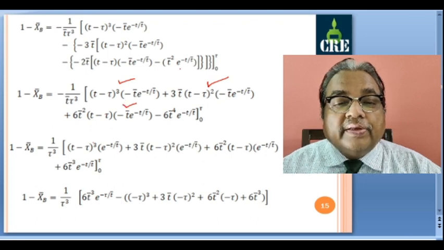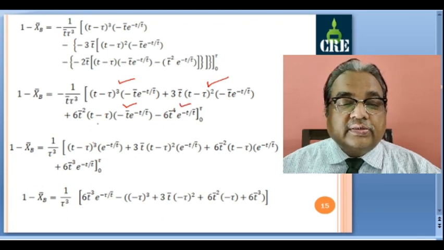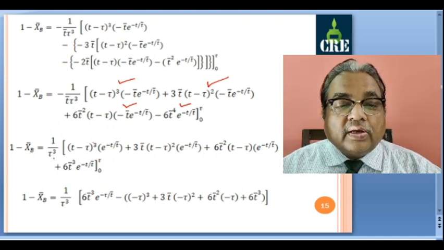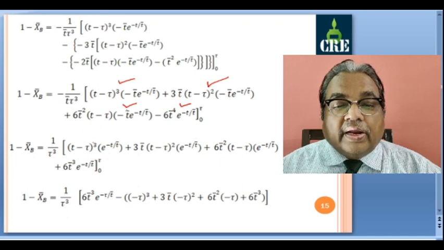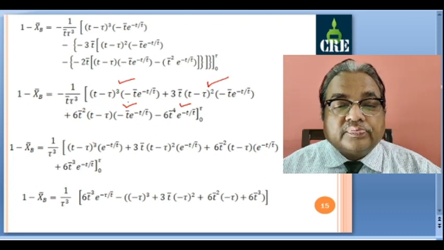For this term again I have 6t square and this is t square, so 6t raised to 4, I get this. Minus minus plus minus minus plus, but this minus sign is retained and I will get this term. So what I am doing here is keeping 1 upon tau cube outside, and I am dividing throughout by this term, minus t by tau bar. So minus t by tau bar, if I divide, this becomes 1.